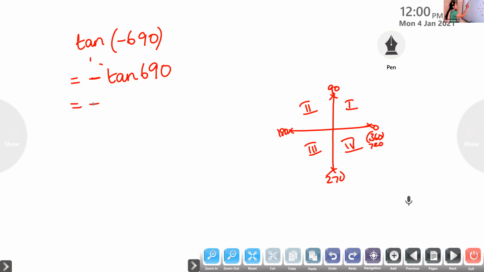Now look at the 690. How can we express it? Anyhow it is greater than 90, 180, 270, so we have to express it in terms of 360, isn't it? How will you express this? 690, how can we write?